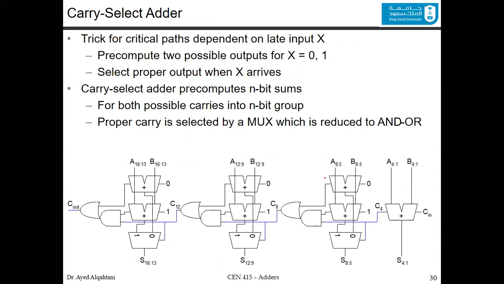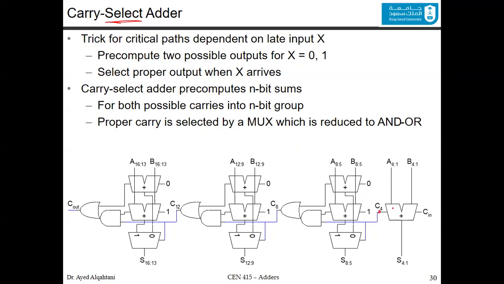The problem is the second group: you cannot start adding unless you have the output of C4. So in the carry select adder, the keyword here is select, you add 2 times. One time, given that the carry C4 is going to be 0, and one time, given that the carry is going to be 1. We do this for any other grouping as well.